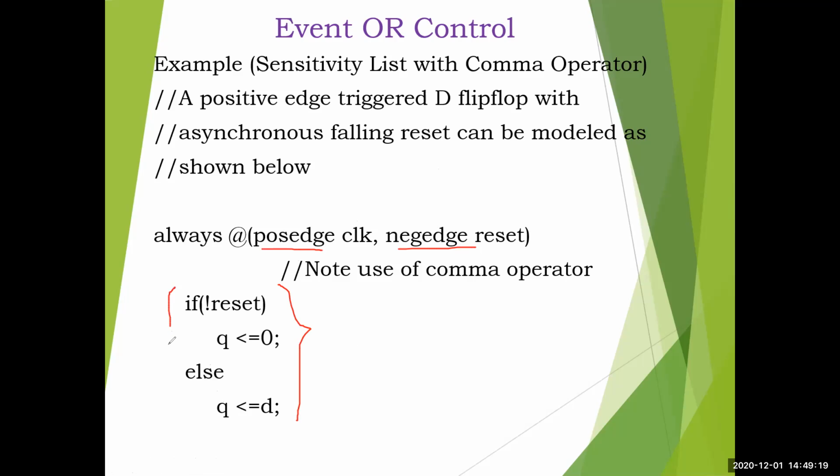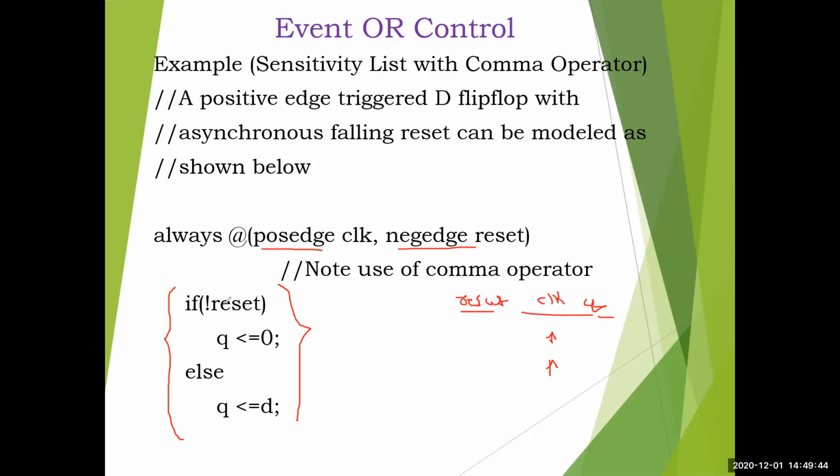We'll learn it more in the design part, how this program is written. It is implemented just by the truth table. In the truth table you have reset and clock, and then the output will be q. This is what you have seen for the D flip-flop. The clock will be positive edge, everything positive edge, and negative edge of reset.